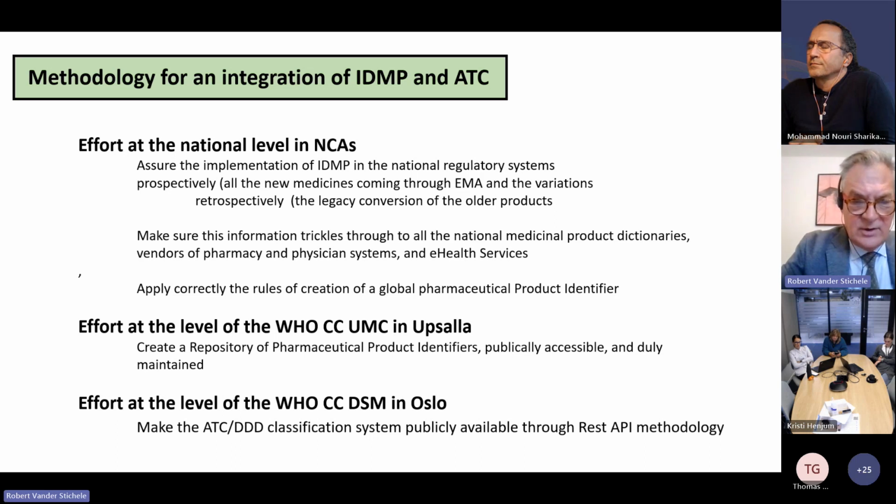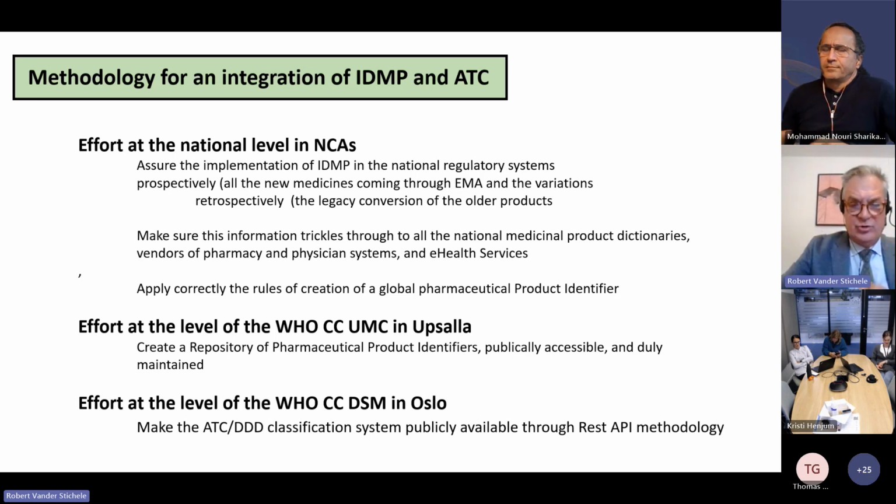So the full list of the available global identifiers, publicly accessible and duly maintained. That is a role for Uppsala WHO. And then, of course, there is the effort of the Oslo WHO Collaborating Centre for Drug Statistics Methodology to make the ATC classification system publicly available through a REST API, and I believe this is almost realized. It will soon be operational.